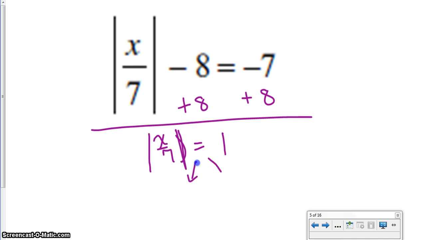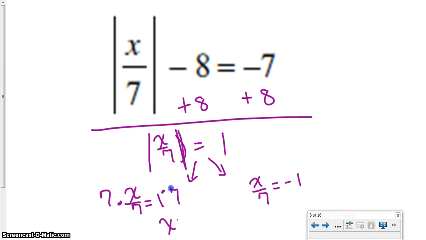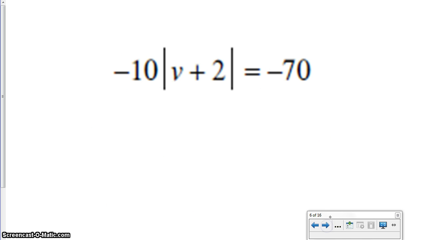So you do have to set up two equations. X divided by 7 is equal to 1, but it could also be -1. Multiply both sides by 7, and you'll find that x is equal to 7. Multiply both sides by 7, and you will find that x is equal to -7. If you substitute these values in for the absolute value, you will find that both are correct.